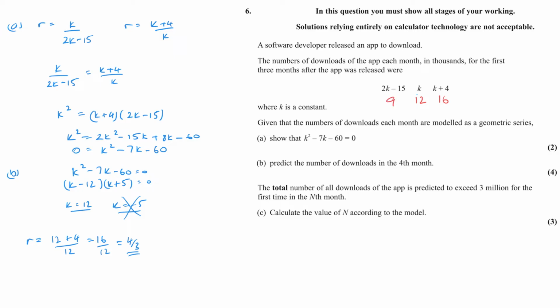So that's the pattern: 9, 12, 16. So we've got to do 16 times 4 over 3. Okay, so that's for the 4th month.